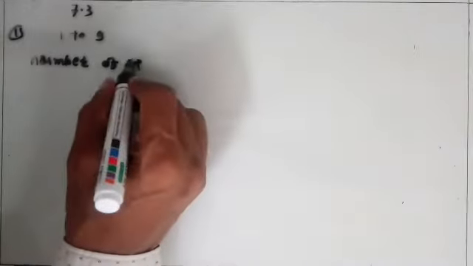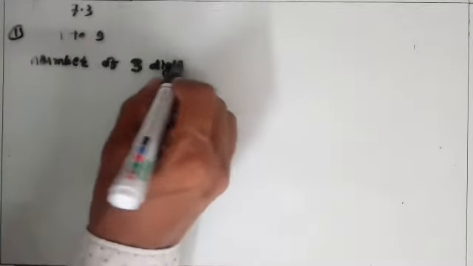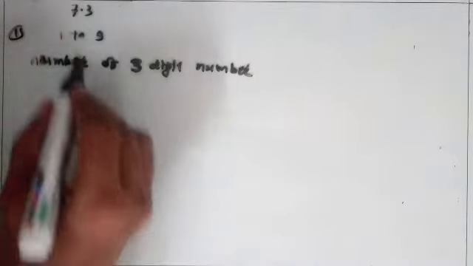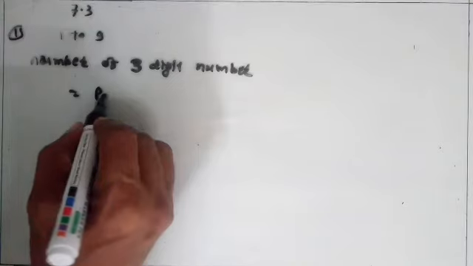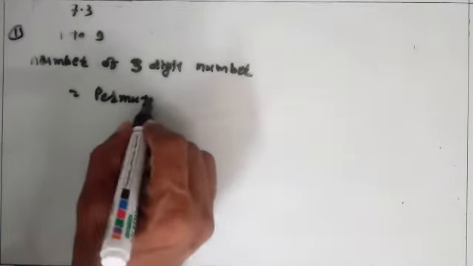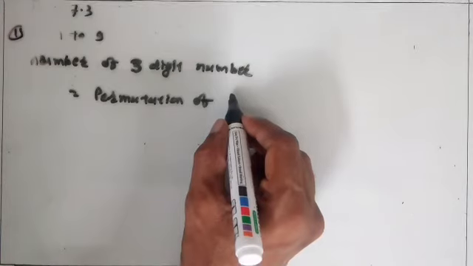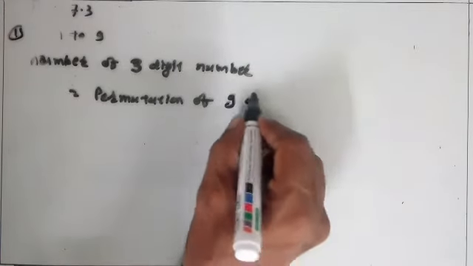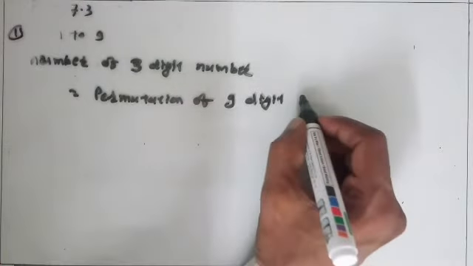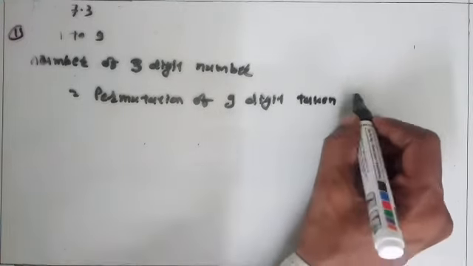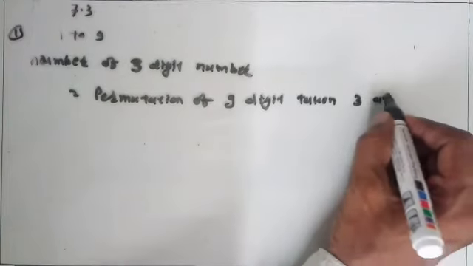So the number of three-digit numbers is equal to the permutation of 9 digits taken 3 at a time.